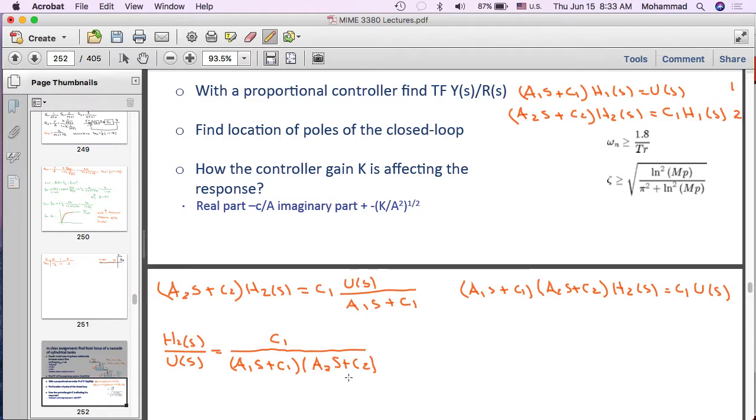So let's find those. S1 open loop is equal to, what is the first pole? What value of s will make the denominator go to 0?